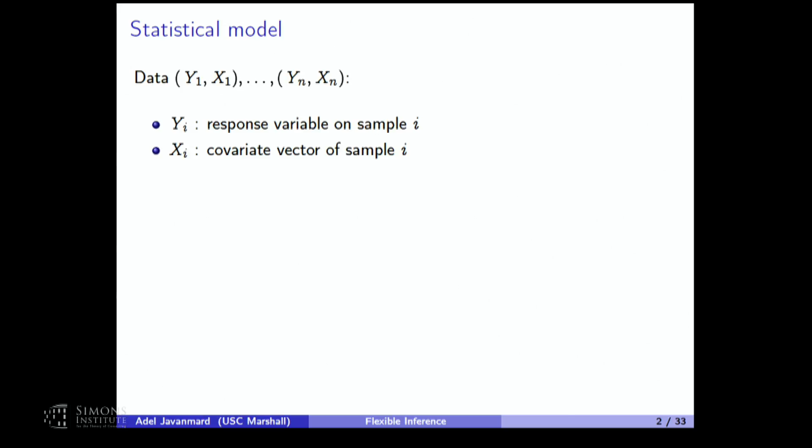Confining ourselves to the parametric model, this means that you assume that yi is generated according to this probabilistic model that is parameterized by theta 0. Let's say theta 0 is in p dimension, and you want to estimate this theta 0. The jth coordinate somehow quantifies the contribution of feature or covariate j on the response variable.